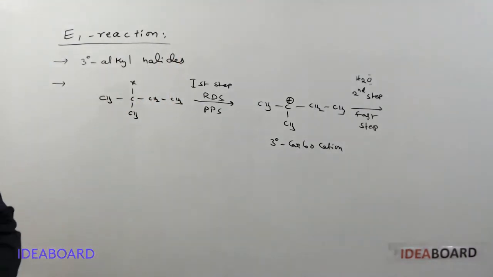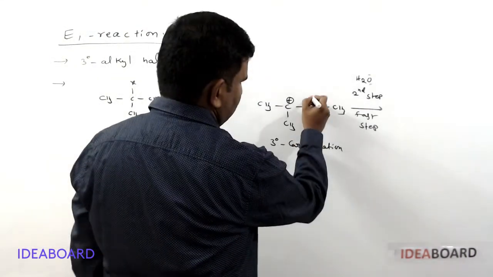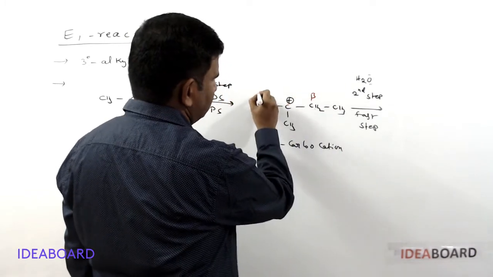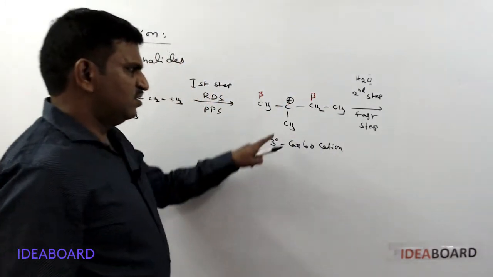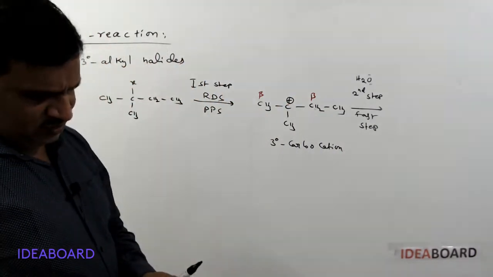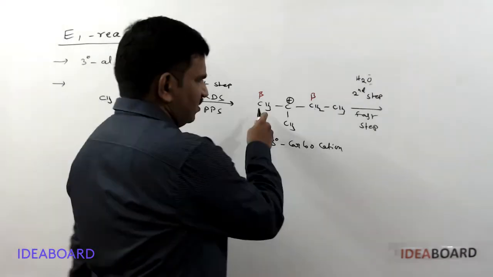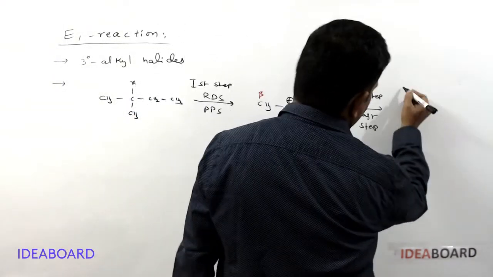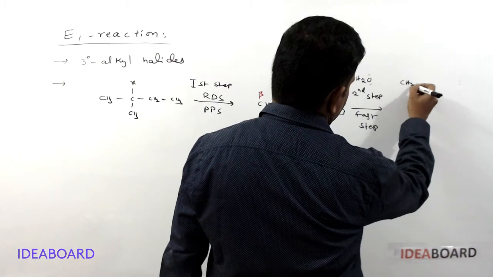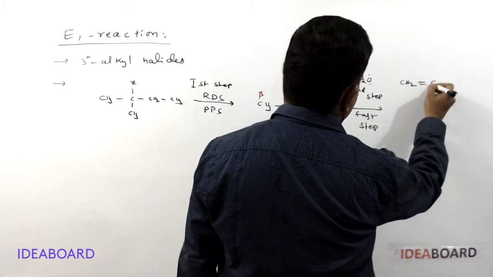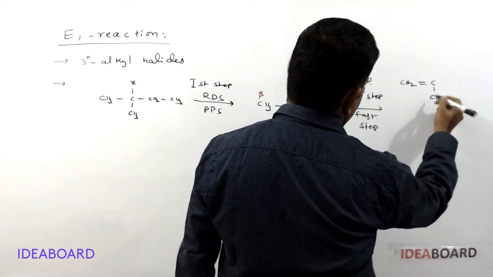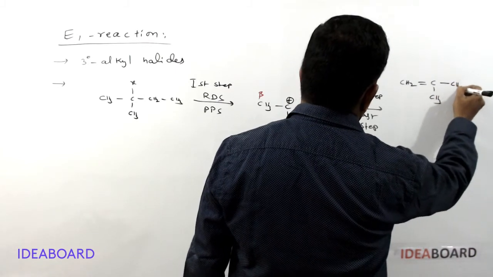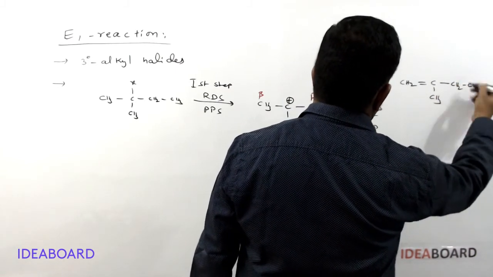We have two different types of beta carbon atoms. This is a beta and this is also beta carbon, the same as this. If you remove this beta carbon hydrogen atom, we get CH2=C(CH3)-CH2CH3.